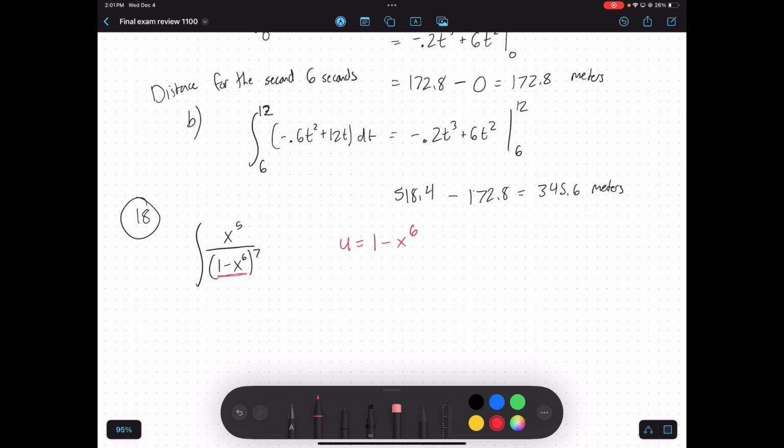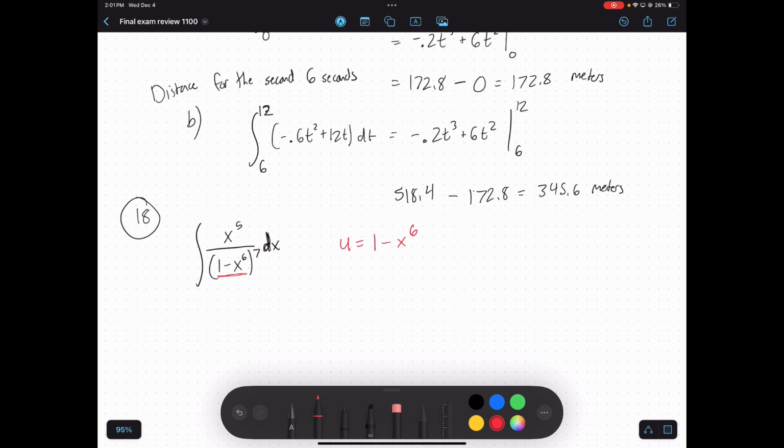Not yet. Sorry, because I'm missing a very important piece. I'm missing this dx. In order to integrate it in terms of u, I also have to switch the dx in terms of du. So in order to do that, what do I have to do? Find the antiderivative of u.